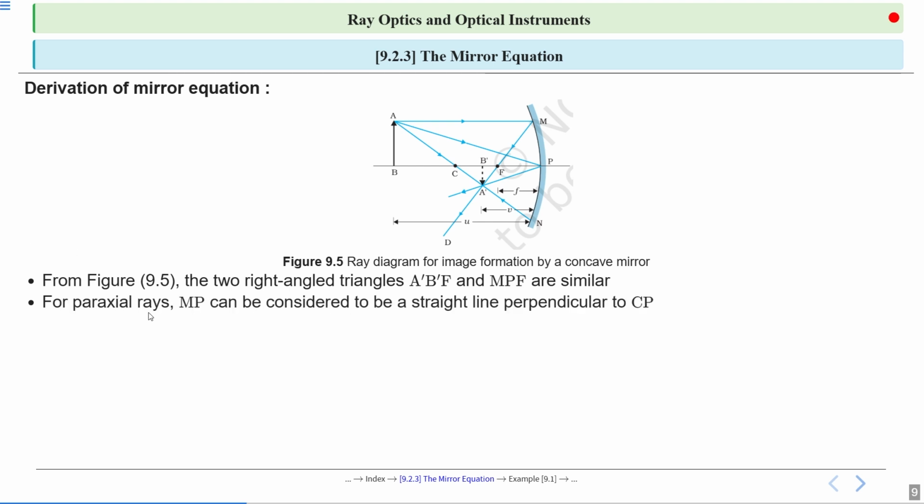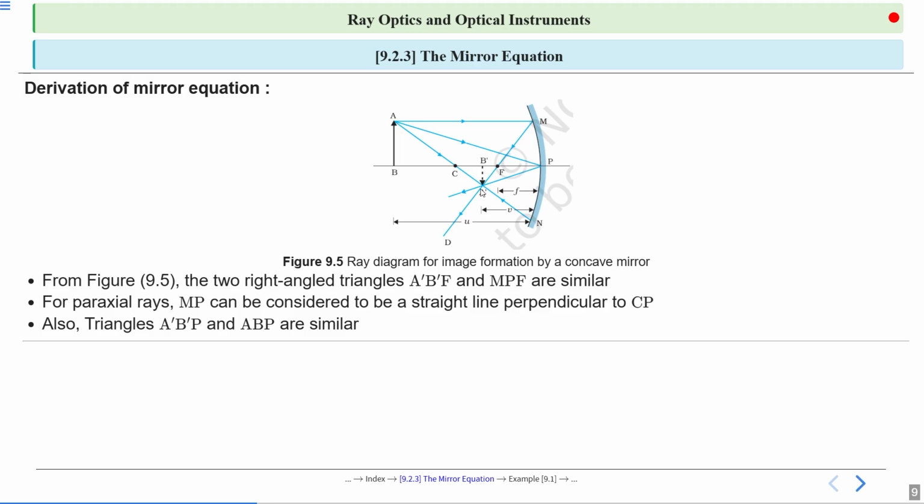So for paraxial rays, MP can be considered to be straight, perpendicular to CP. Also, triangles A'B'P and ABP are similar. Why? Because this is a 90-degree angle, and this is a 90-degree angle.